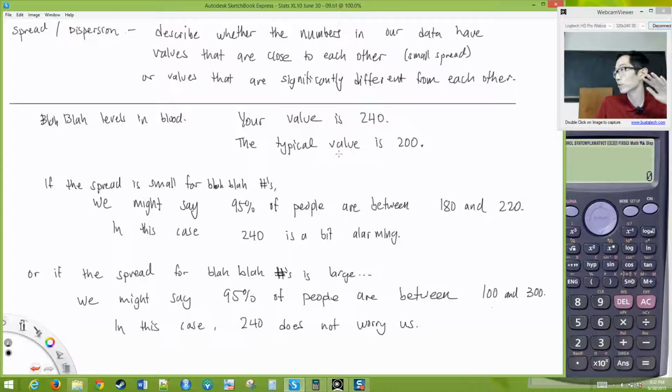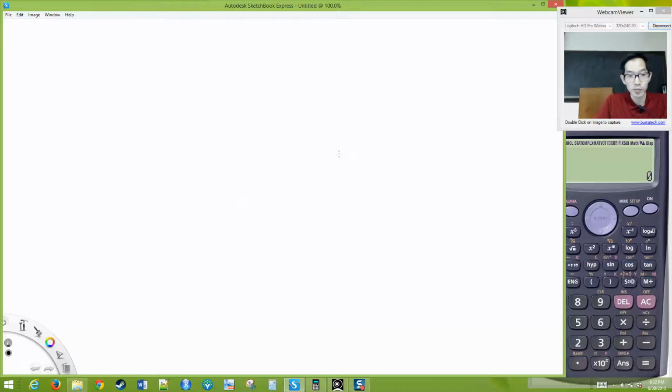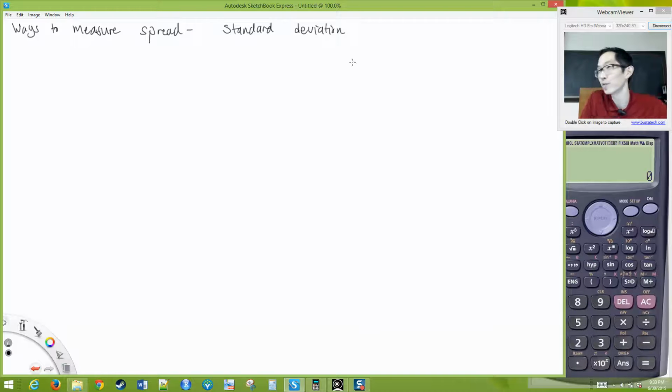So far, so good with this concept, everybody? Okay, so ways to measure spread. Okay, we have the standard deviation. Maybe this is one of those words that you've heard before, but never really sure what it meant.